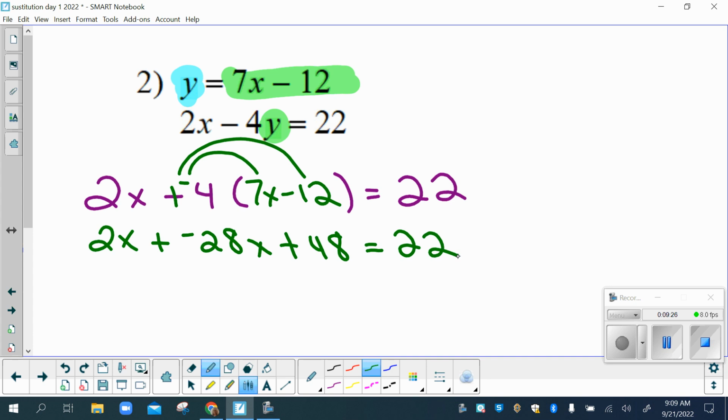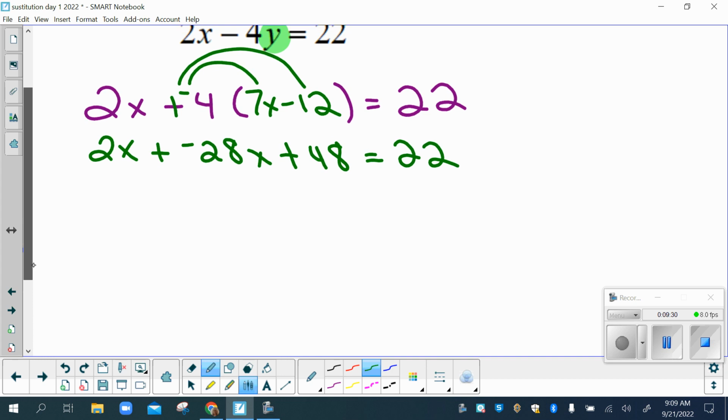That is the new stuff. Everything after this is just regular old solving problems. We're going to put those together. We're going to get negative 26x plus 48 equals 22.